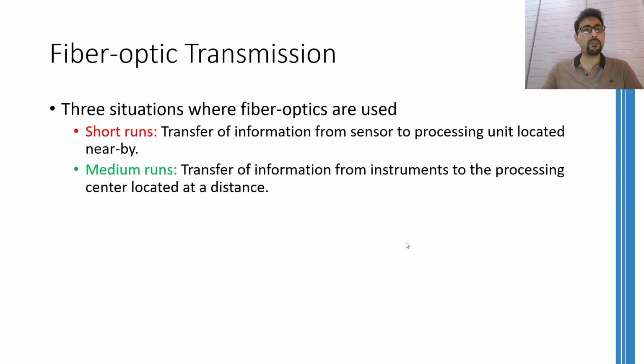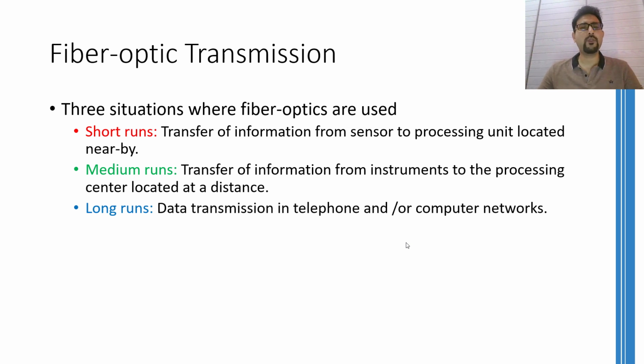In this case, the information from each node or each instrument is routed to some central processing unit or central area where it is processed or analyzed. The last situation is when you have to route the signal to a very far location, for example, data transmission in telephones or computer networks.